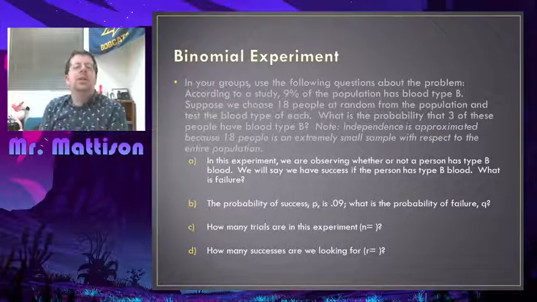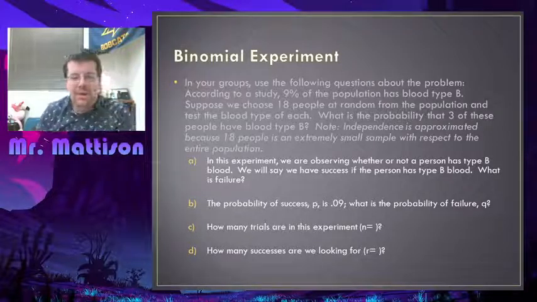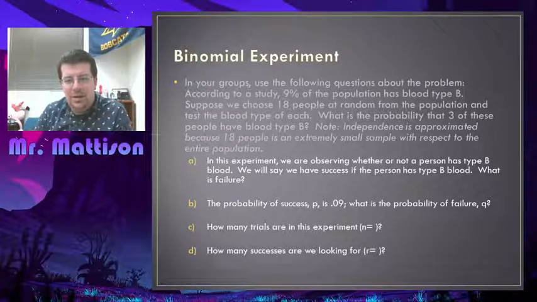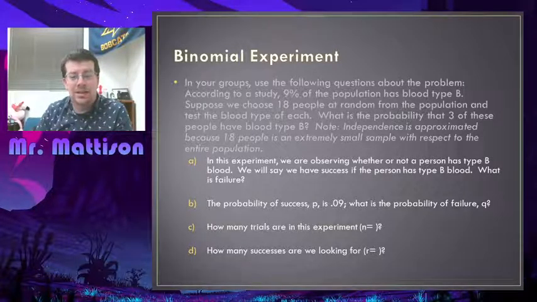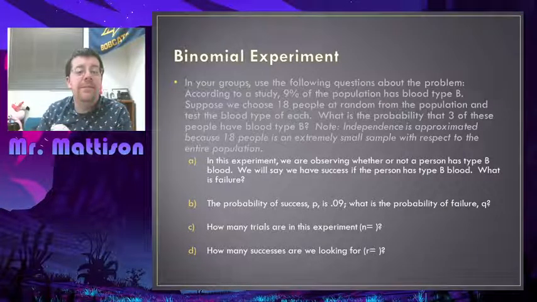So the probability of success is 0.09. What's the probability of failure? Well, failure is anything other than a success. So if I do 1 minus 0.09, I'm going to get 0.91. So 0.91 is going to be my probability of failure.